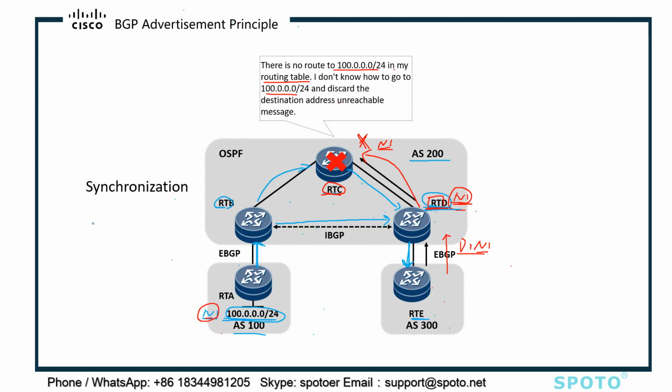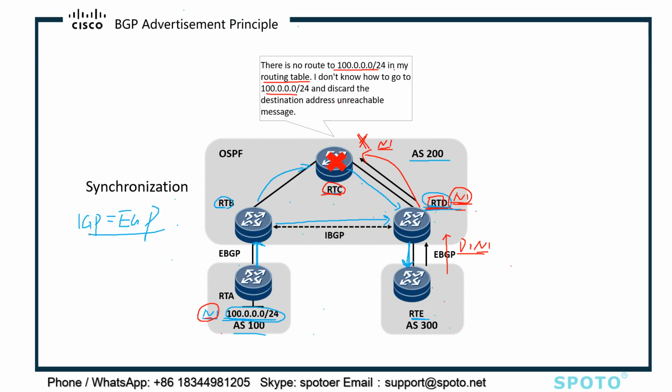We need to synchronize the route information between the IGP protocol and the EGP protocol. So that's about the last advertisement principle. If the IGP and the EGP are synchronized, I can advertise this route.